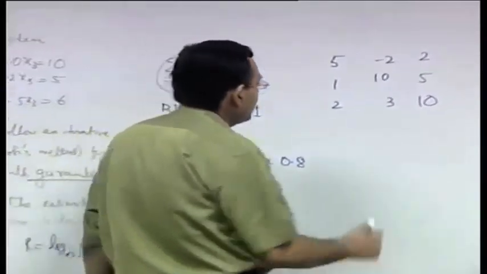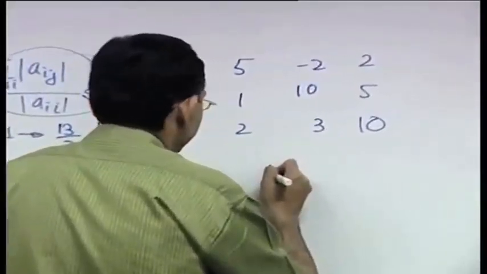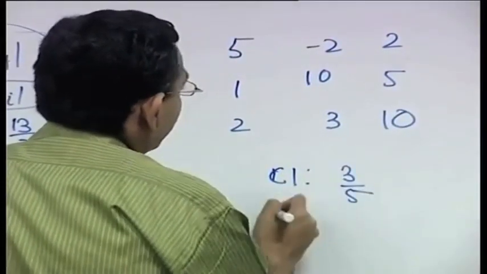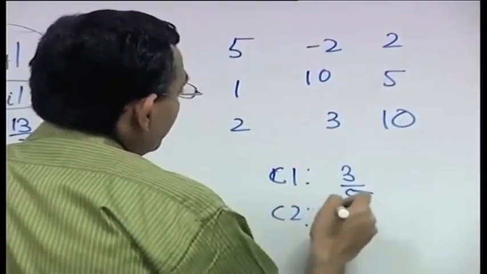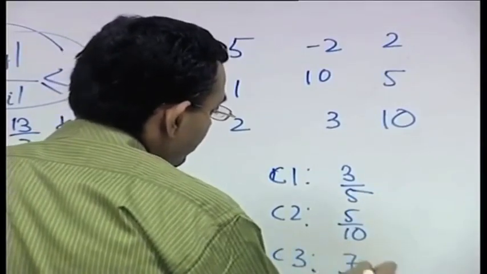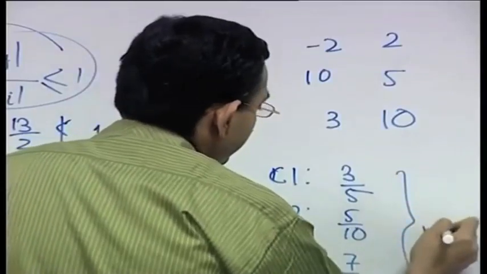So, for the first, column 1 it is 3 by 5, column 2 5 by 10, column 3 7 by 10. So, the max is 0.7.